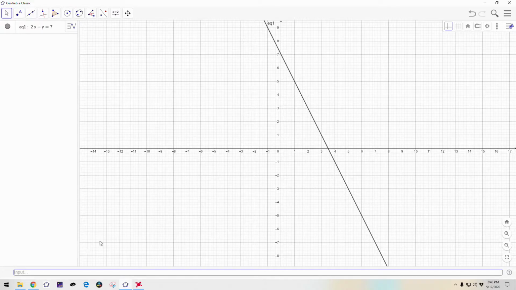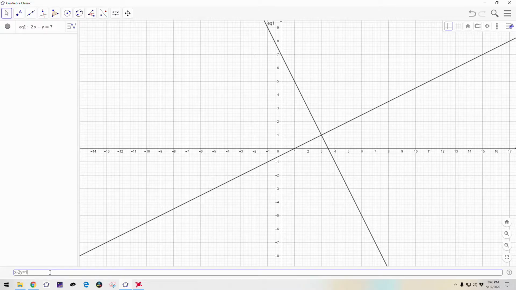There's the first line there. You can tell the intercepts are exactly like we did, 7 and 3.5 on the x. And then the other equation was x minus 2y equals 1.